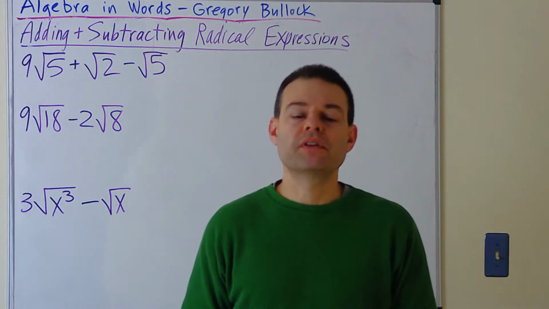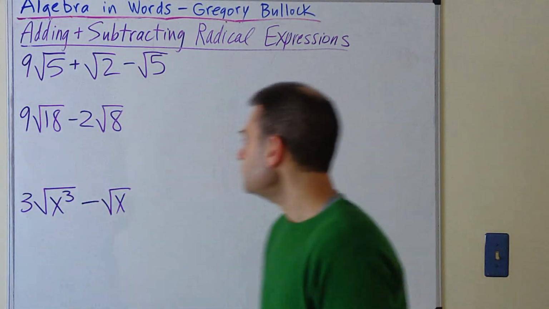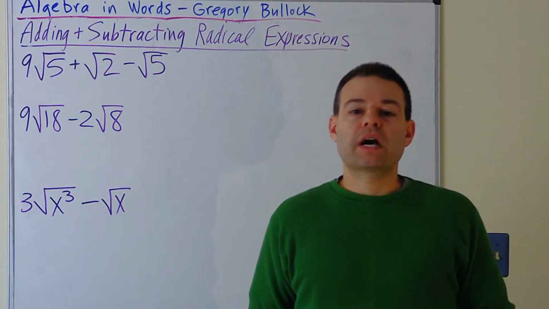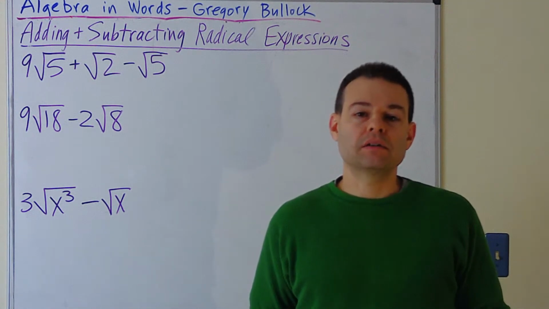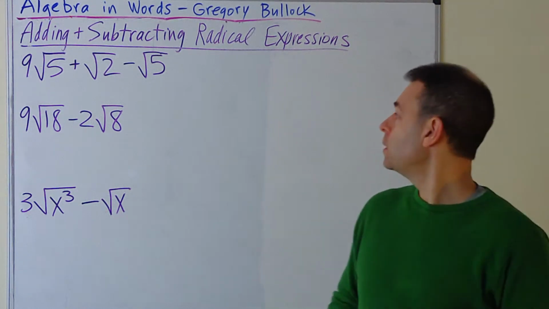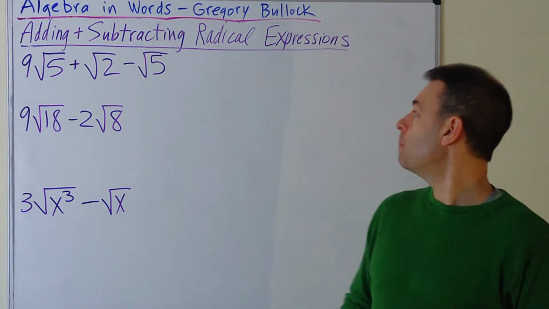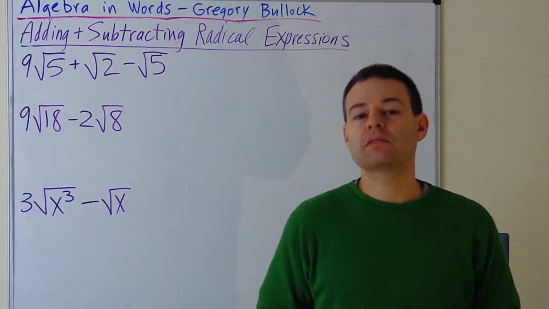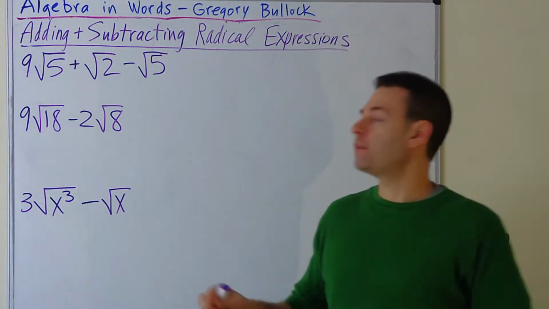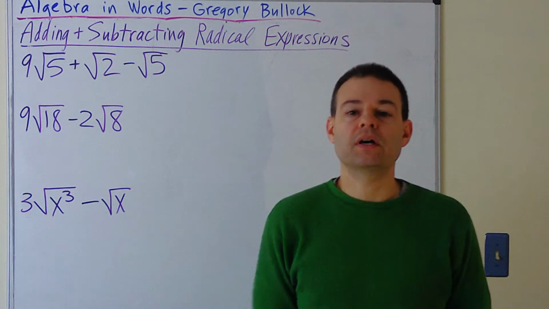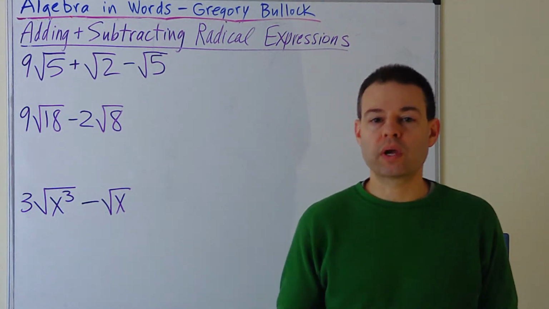I have 3 more examples on the board. The first one is just another exercise of identifying like radicals and combining like radicals. We have 9 square root of 5 plus square root of 2 minus square root of 5. Are any of these like radicals? Hopefully you identify this term and this term as like radicals because they have the same square root of 5.